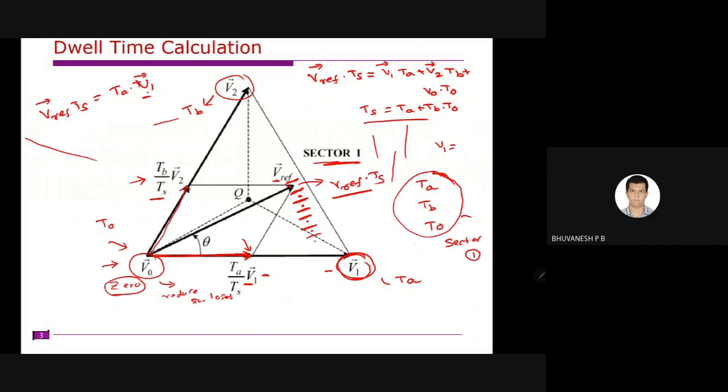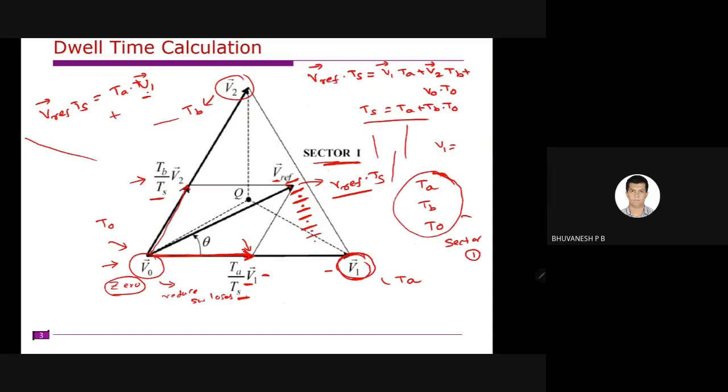Clear? When you are drawing this, we assume the other is 0, so the horizontal component is TA by TS into V1, and the other one is TB by TS into V2. Clear? So every time we need to calculate TA, TB, and T0.